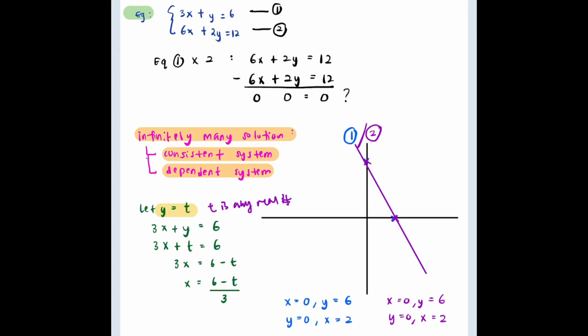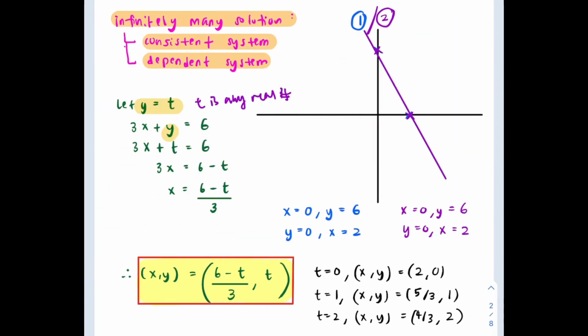And then let's take equation 1 and substitute your y with t. Then let's solve for x. So x is equal to (6 minus t) over 3. You just assign the value of t. For example, t is equal to 0. So the answer is (6 minus 0) over 3, 0. So this is (2, 0).